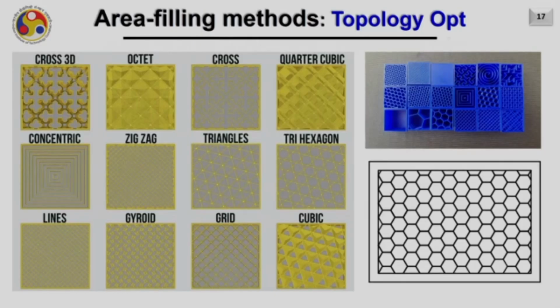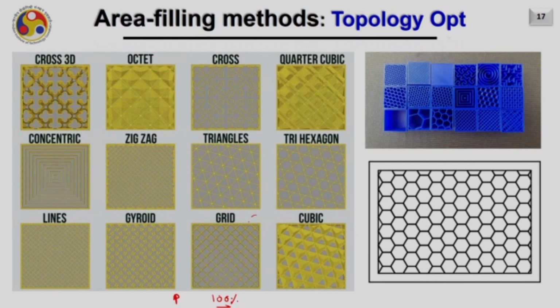So some of the strategies available in the open source Ultimaker Cura are highlighted here. These strategies are used to fill the interior with less density. Of course, you can use these strategies to fill the 100% density as well, but they are more popular to deposit the material with less density.